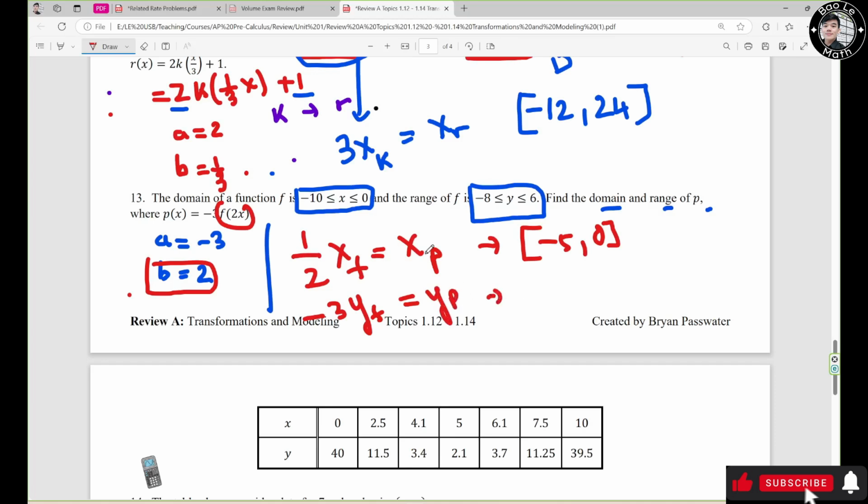So the range is right here, negative 8 and 6, right? So negative 8 substitute over here, it's going to be negative 3 times negative 8, it's going to be 24. Now 6 substitute over here, it's going to be negative 18, right? So we need to rearrange this one, right? So it turns out to be negative 18 to 24.